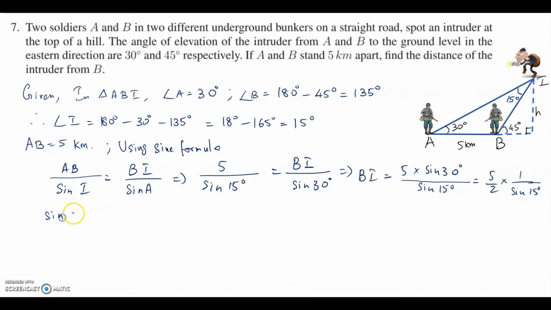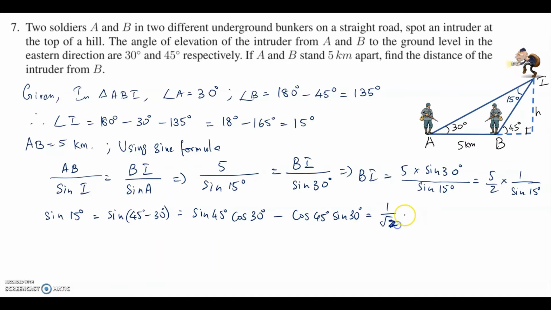So let's solve sine 15 degrees. That is sine of 45 minus 30 degrees. So that is equal to sine 45 cos 30 minus cos 45 sine 30, which is equal to 1 by root 2 into root 3 by 2 minus 1 by root 2 into 1 by 2, which is equal to root 3 minus 1 divided by 2 root 2.